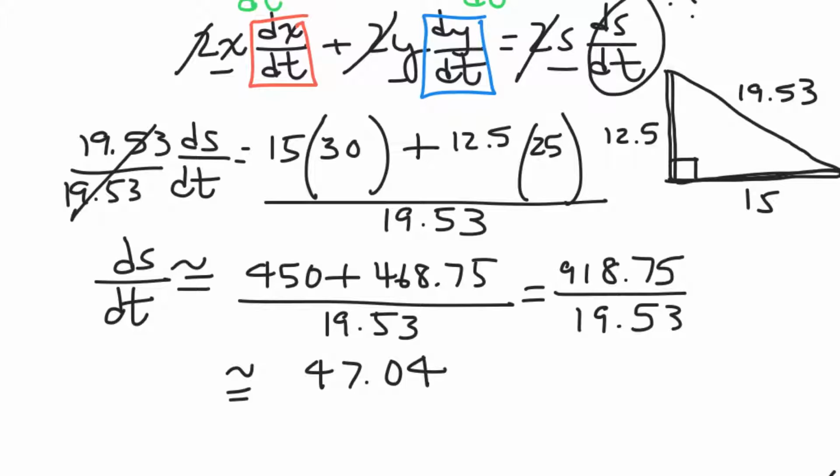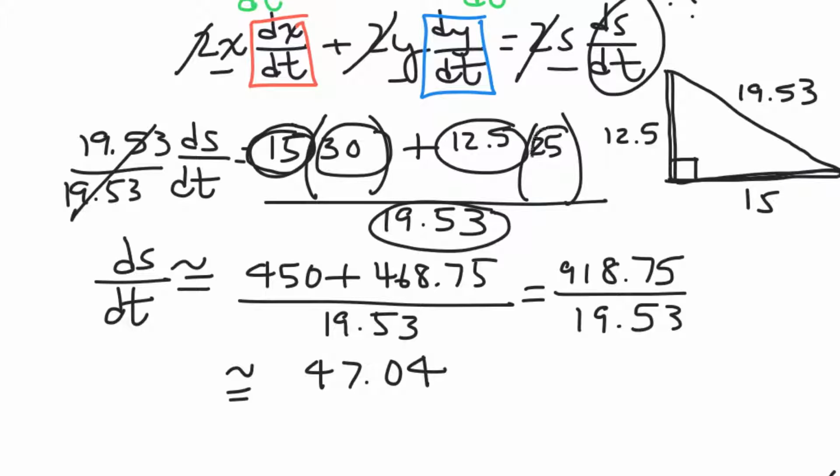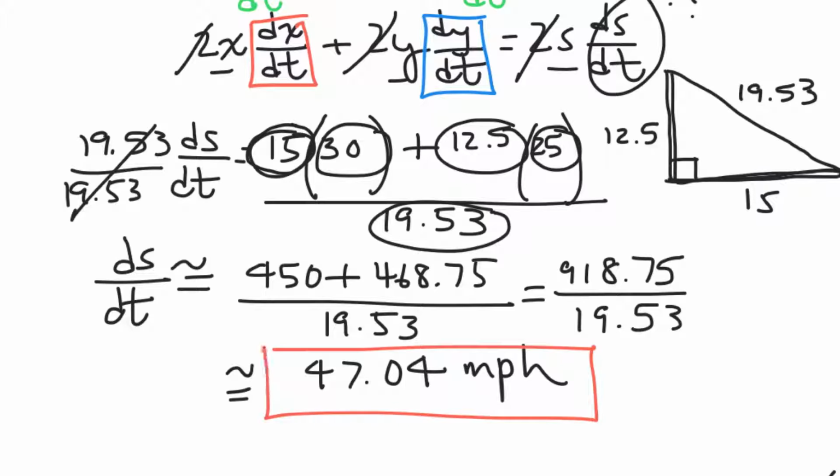And let's just check units here. This is miles, and this is miles, and this is miles. So the miles cancel, and these are miles per hour. So we get miles per hour, and that is the speed with which the distance between them is increasing.